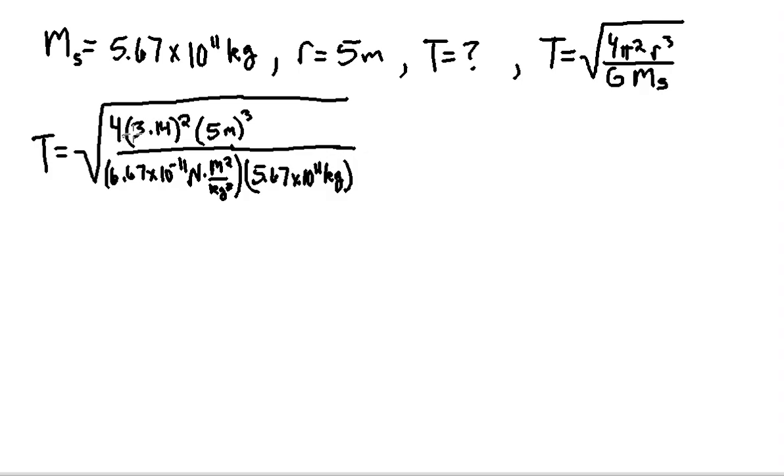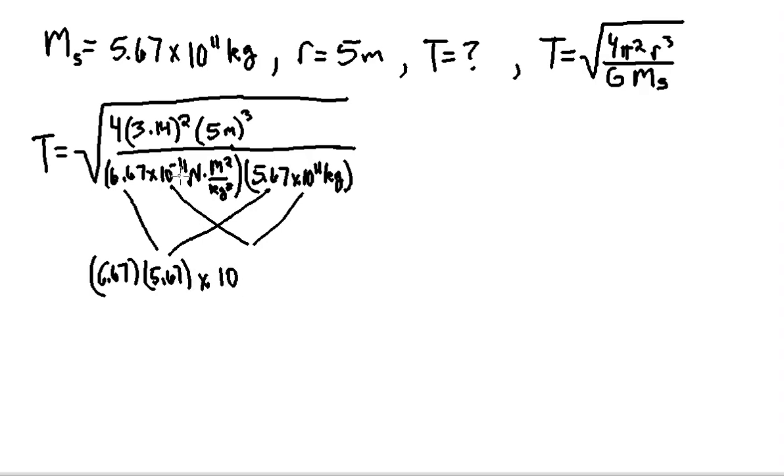All right, so normally this is centered over here, but we got a pretty large denominator. So first thing that we should do, I mean, you could work with the top first if you wanted, but I think we should deal with this denominator. It's pretty scary looking, but again, not that bad if you remember what to do with these things. So we have to say 6.67 multiplied by 5.67 times 10 to the negative 11 plus positive 11.